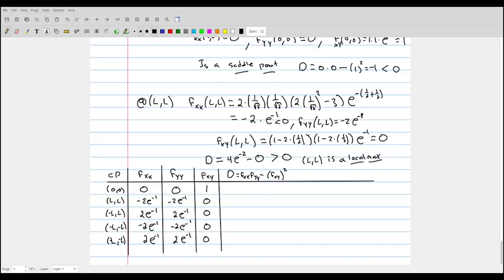We showed that this ends up being equal to negative 1 for this point, and then it'll alternate in the following way. You multiply these two together, you get 4 times e to the negative 2. Multiply these two together, you also get 4 e to the negative 2. It'll be the same for all the other points as well.